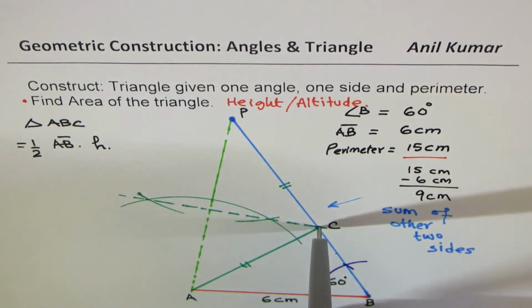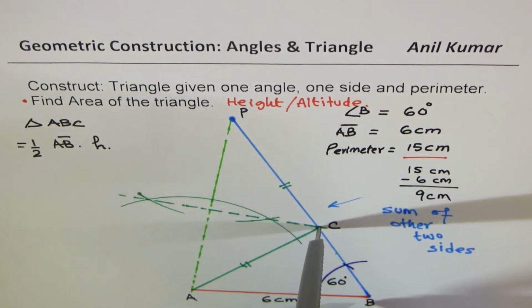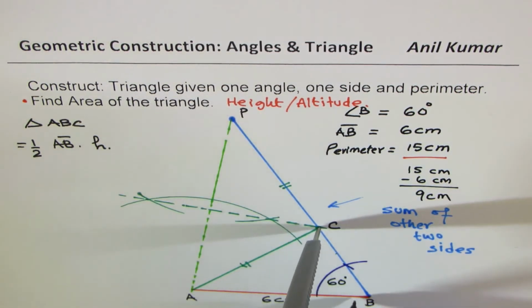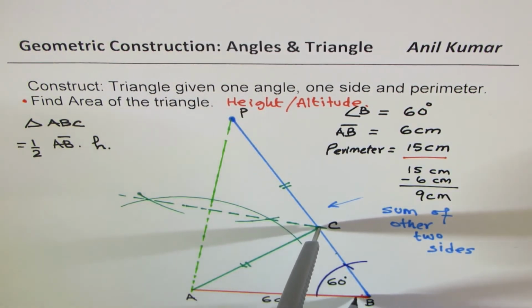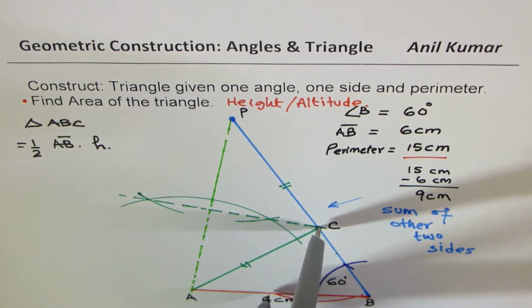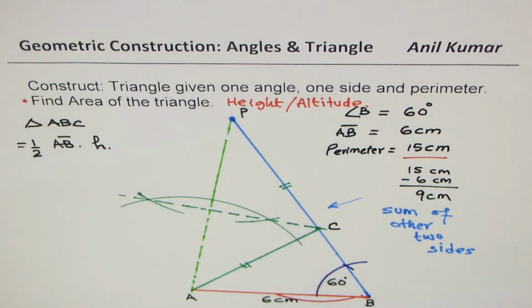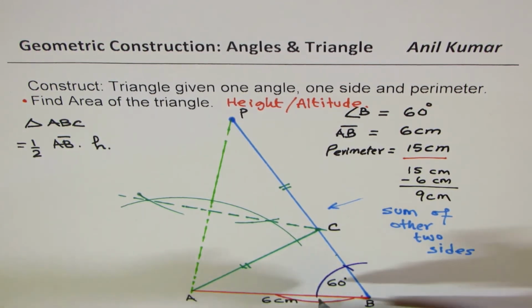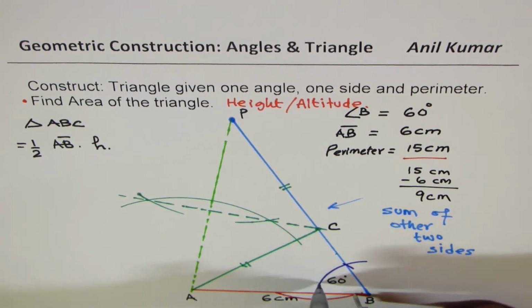Now I can make an arc cutting the segment AB from C like this, correct? So we get 2 points. Now with these 2 points, we can open the arc more than half of this and divide, right?